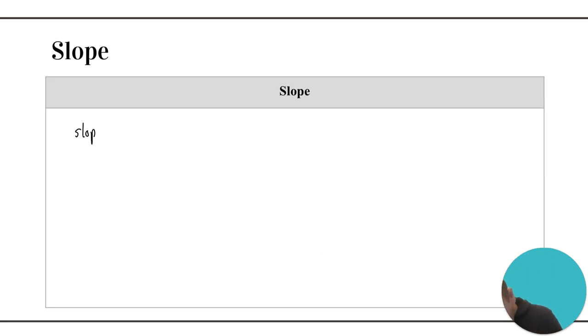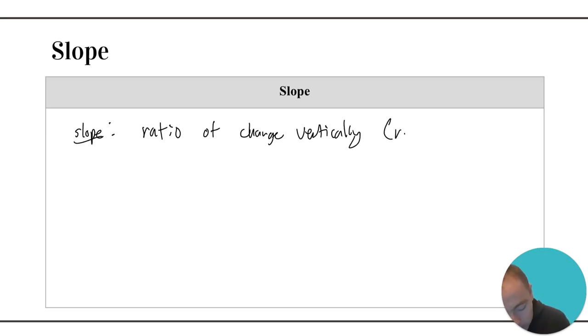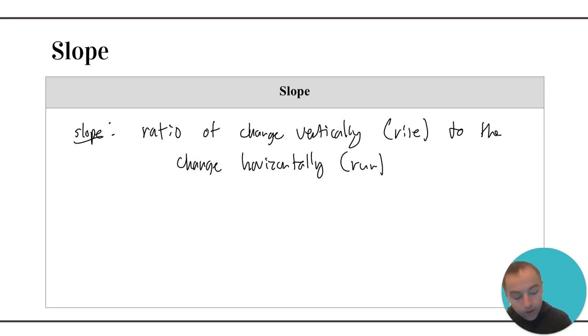So just giving some key characteristics of slope here. When we define slope, it is a ratio. And what a ratio means is just a division of two quantities, so a fraction, right? And it's the ratio of the change vertically, which we usually denote as the rise, to the amount of change in position horizontally, which we usually denote as the run, for some surface, right?